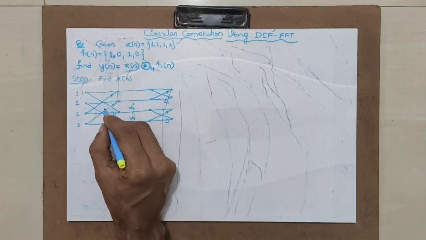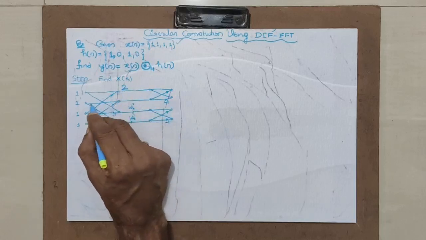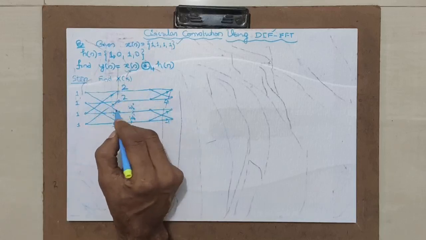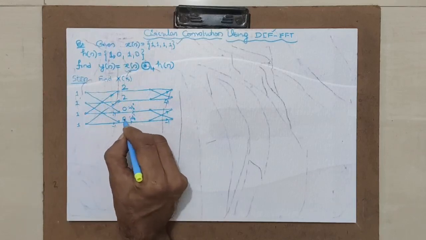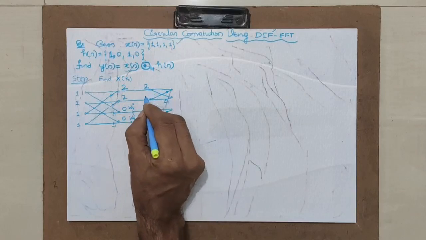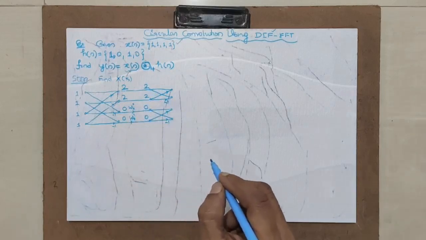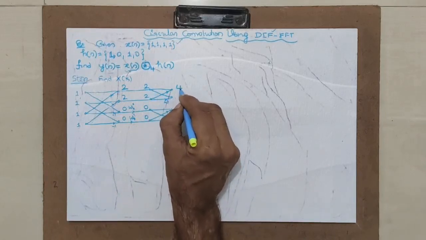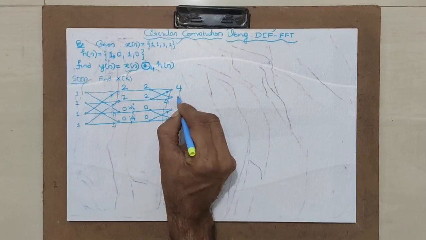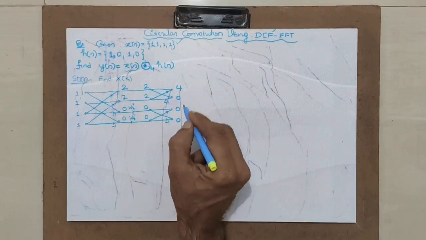Now let me complete this. 1, 1, sum 1 and 1, 2, okay? 1 minus 1, 0, 1 minus 1, 0. Now it continues 2, 2, 0, 0 after multiplying through twiddle factor, correct? Now 2 plus 2, 4, correct? 2 minus 2, 0. Anyway, here both are 0, hence the answer is 0, 0.